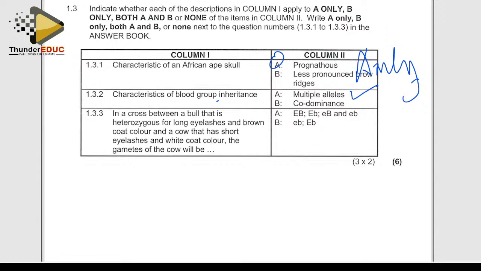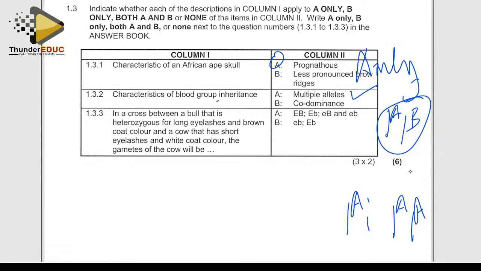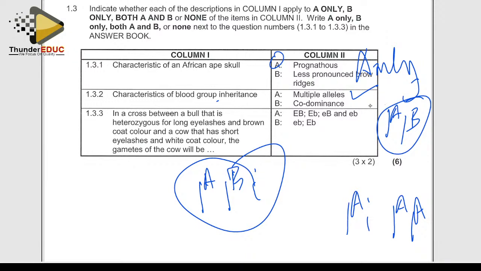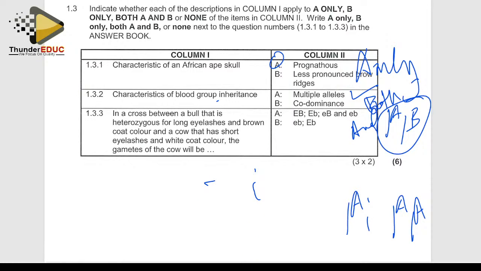So both A and B is the most correct answer. Why? Because blood group AB is codominant. However, blood group A as A is not codominant. It is complete dominance. You see? So it is codominant, but it is caused by multiple alleles because there are three alleles which control blood group. So both A and B becomes the most correct answer in that regard.